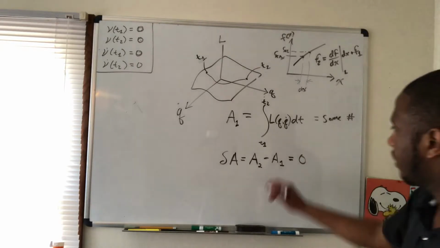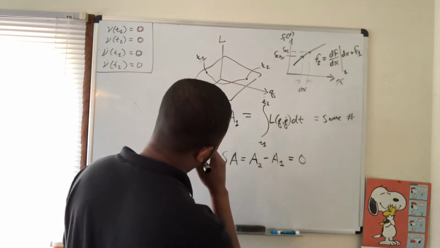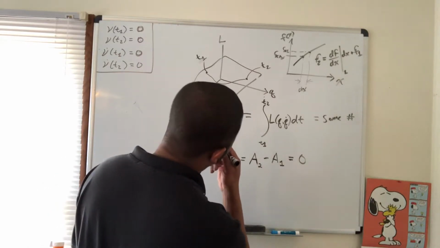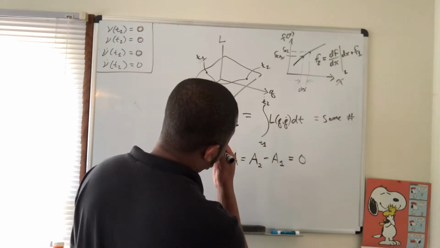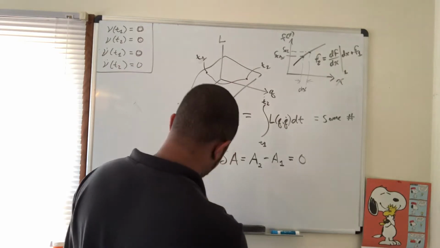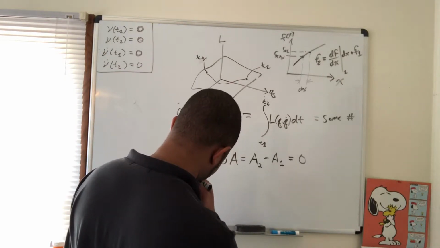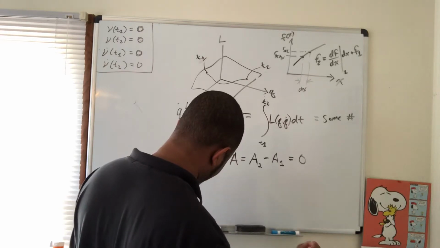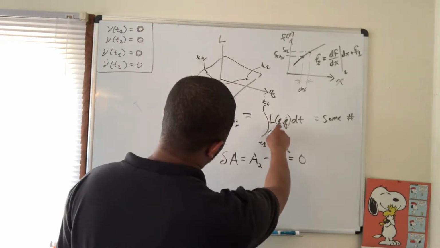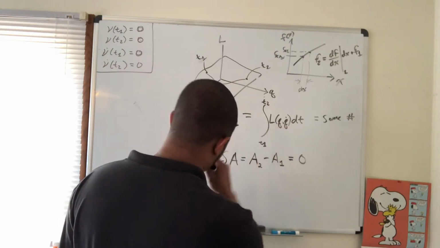Okay, so A2, let's get A2. Well, first, let's remember how we're changing L. We're changing L by adding some small amount to this Q, and some small amount to this Q dot.